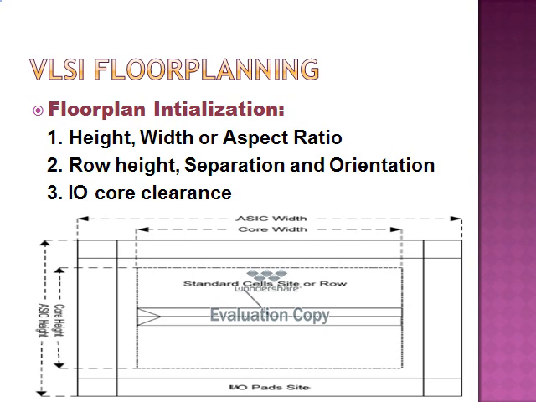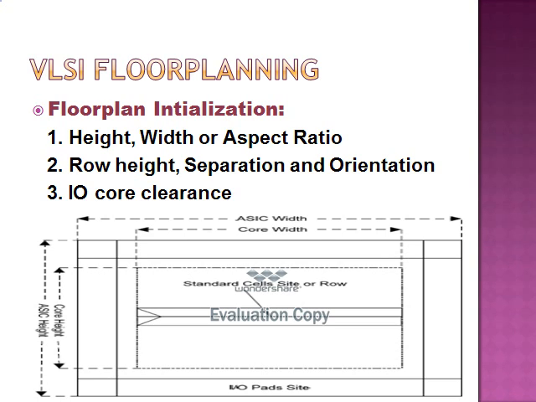The second step in floor planning initialization is set parameters for row height, orientation and separation. The row height is equal to the standard cell height. We set the height of the row and orientation and separation in this step.